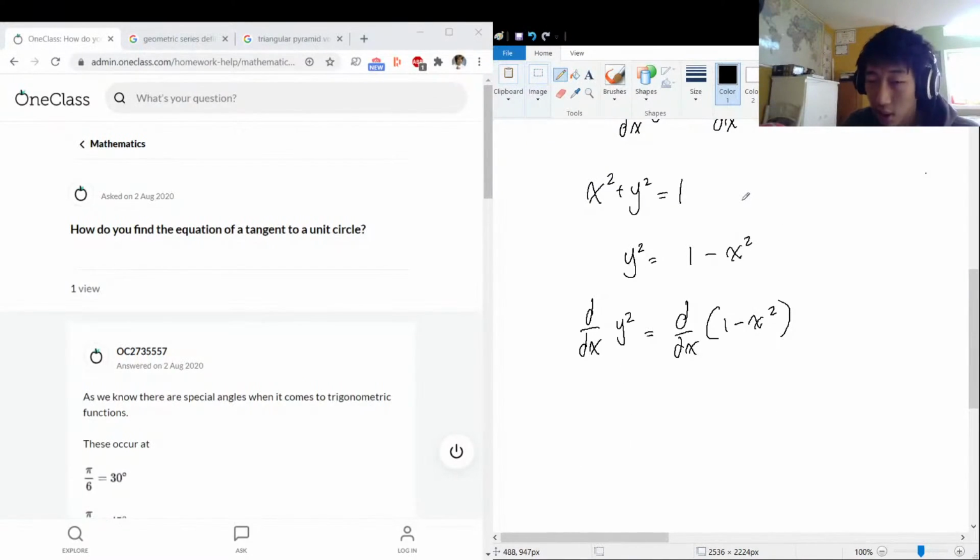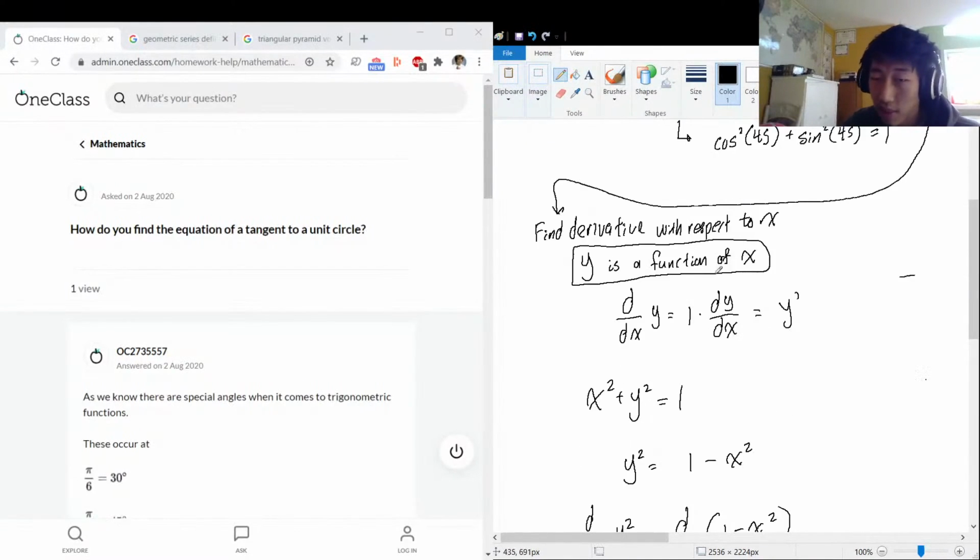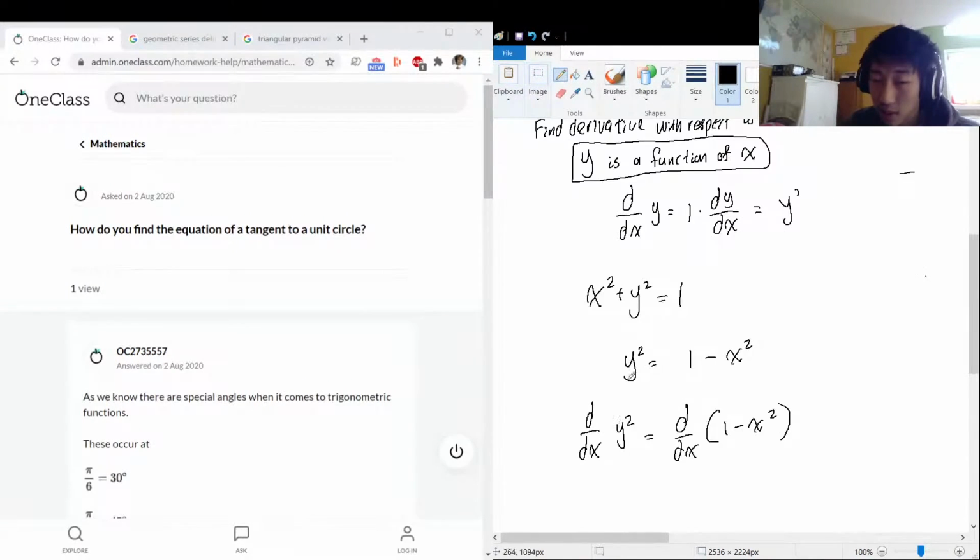Okay, so remember what I said earlier about y being a function of x? We're going to take the derivative normally, but we also have to multiply by its internal derivative.